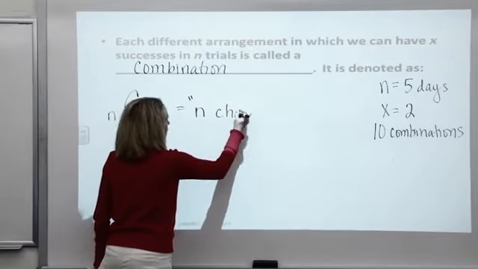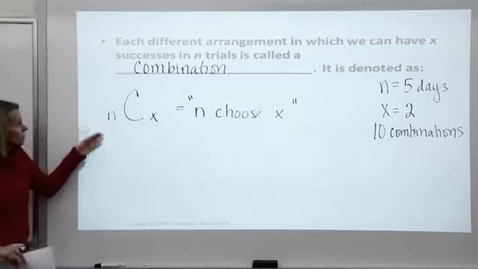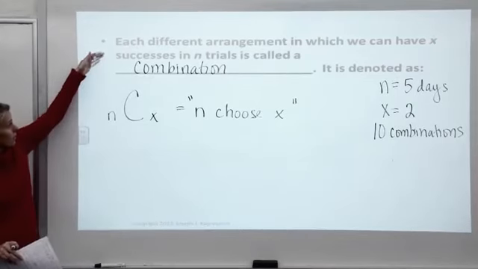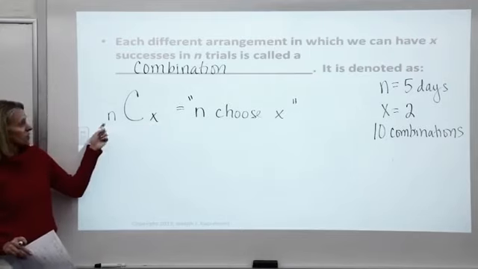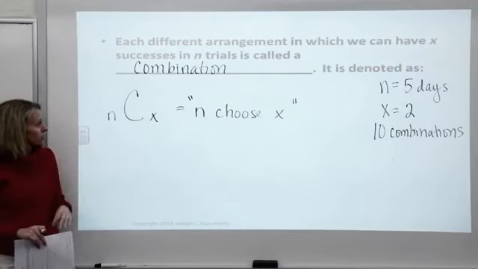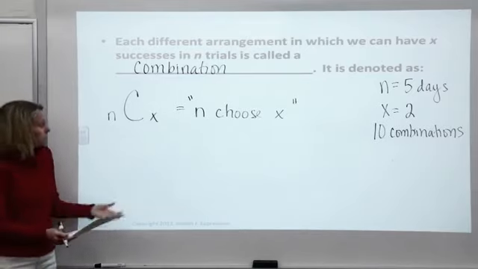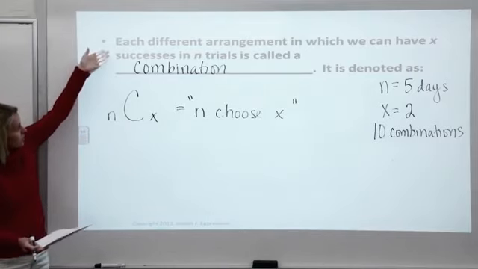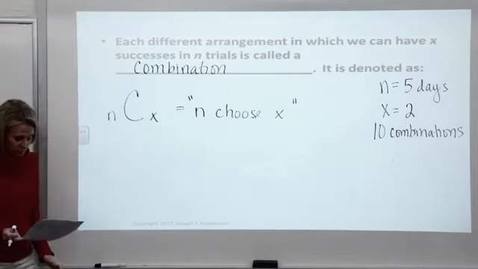N choose x. And this right here is the number of combinations of x successes in n trials. So this more or less is the symbol that we'll see used for this situation here.